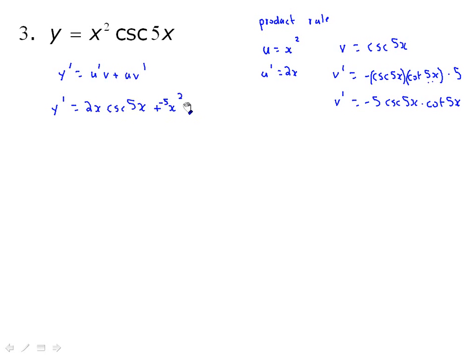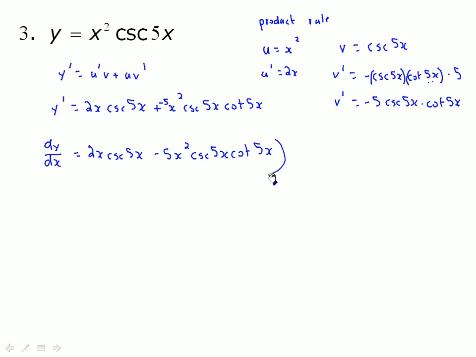So negative 5x squared cosecant 5x multiplied by cotangent 5x. And the only thing that I think we can really do with this one now is deal with that plus a minus. So dy dx is equal to 2x times cosecant 5x minus 5x squared cosecant 5x cotangent 5x.